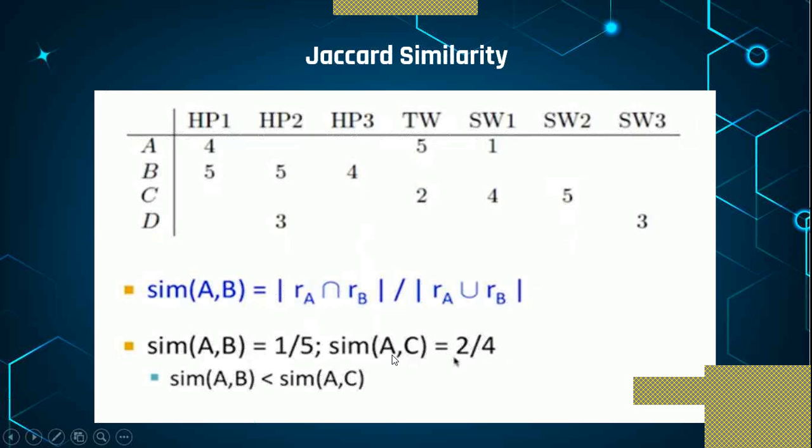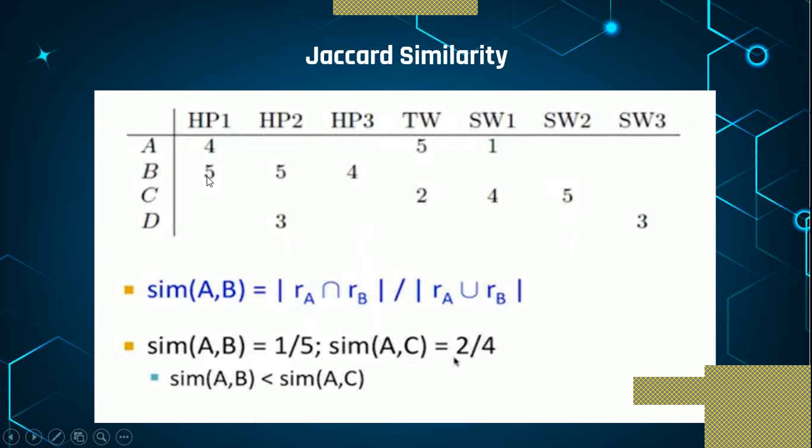Compared to the similarity between A and C, just consider A and C now. A gives rating 4 to Harry Potter 1, then 5 to TW1, and 1 to SW1, while user C gives ratings to TW, that is 2, and SW1, that is 4.